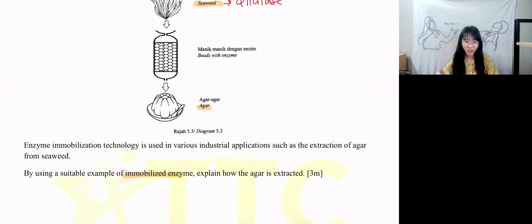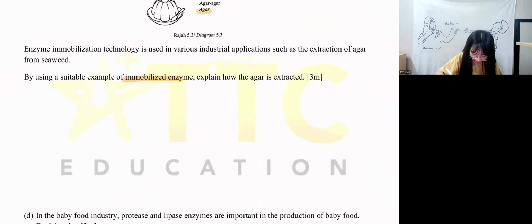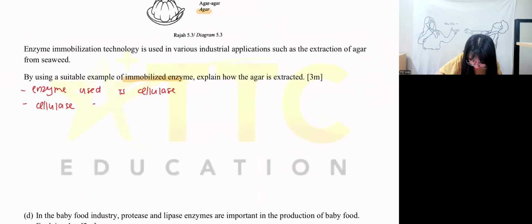Okay, now we have to write in sentence. We have to write the enzyme used is cellulase. Cellulase combined with inert substances. Inert means insoluble, cannot be changed.